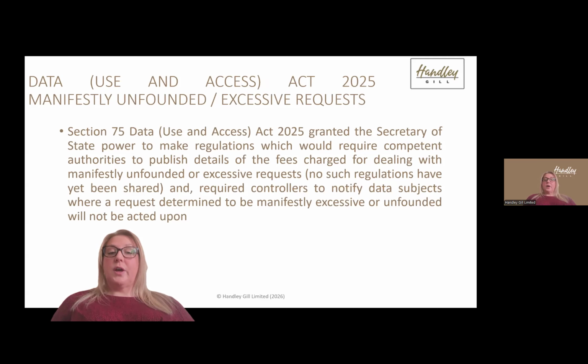Section 75 also brings in a requirement for controllers to notify data subjects where a request is determined to be manifestly excessive or unfounded and is not going to be acted upon under Part 3.